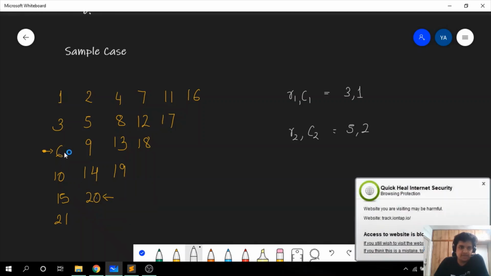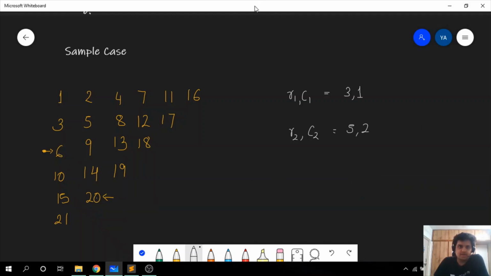The first path is 6, 9, 14, 20. Let us calculate the sum of values on this path. So path 1, it is 6 plus 9 plus 14 plus 20. The sum is 34 plus 9, which is 43, plus 6, which is 49. The next path is 6, 10, 14, 20. So the second path will be 6 plus 10 plus 14 plus 20.